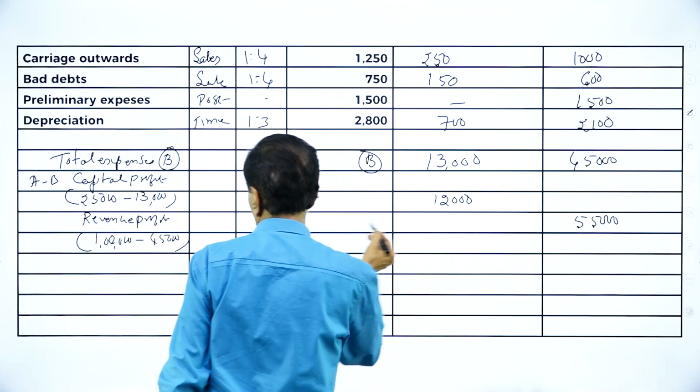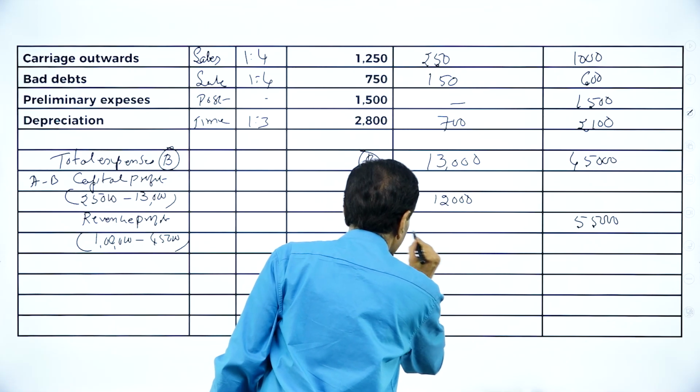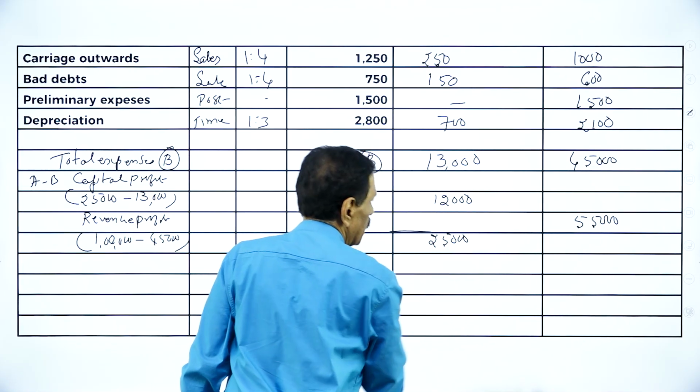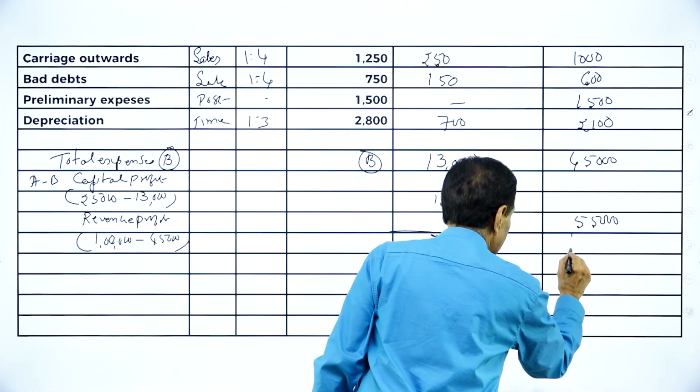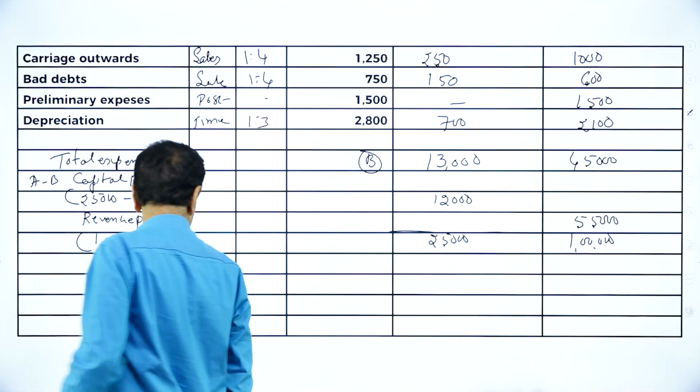This is capital profit. This is revenue profit. This is 25,000, this is 1 lakh. Right here. Note.